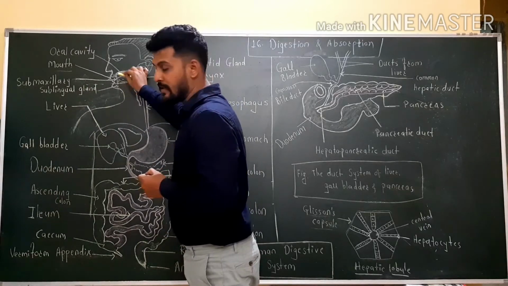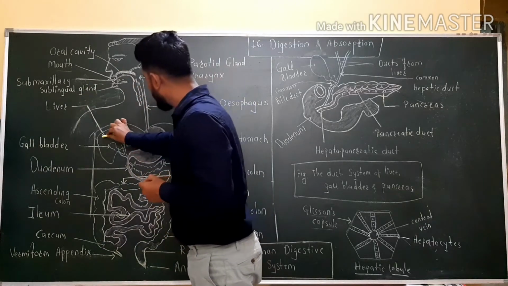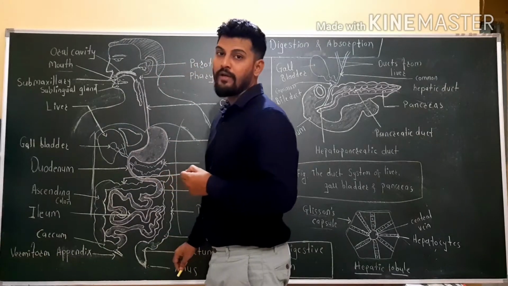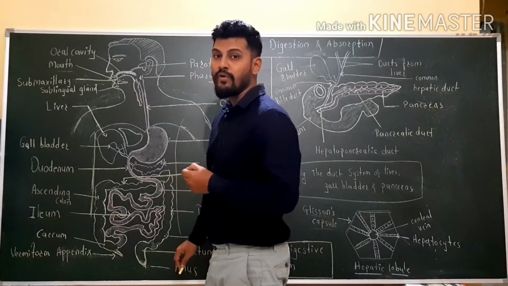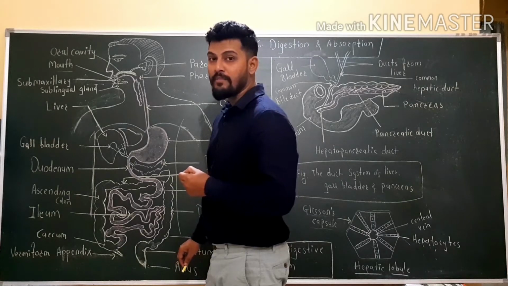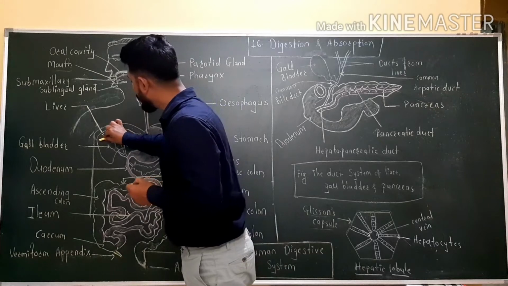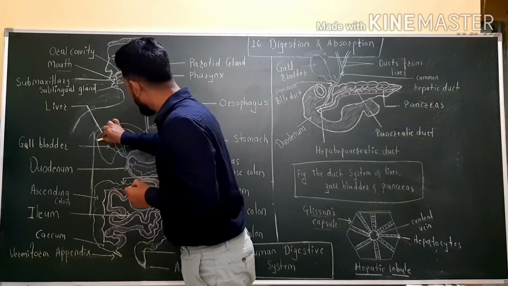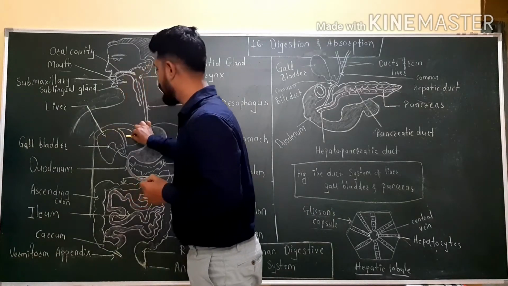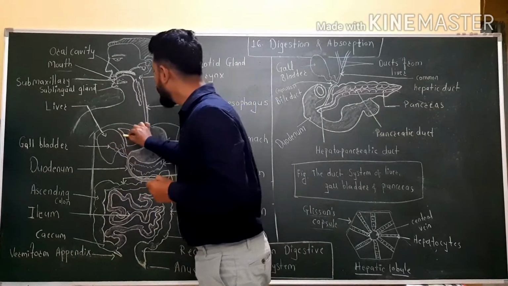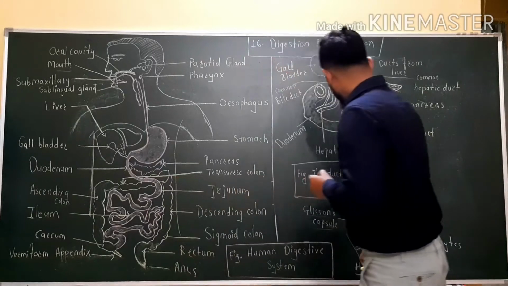Second gland is the liver. Liver is the largest gland of the body. It weighs about 1.2 to 1.5 kilograms in the adult human. Liver is divided into two lobes, the right lobe and the left lobe. The structural and functional unit of the liver is called the hepatic lobule.